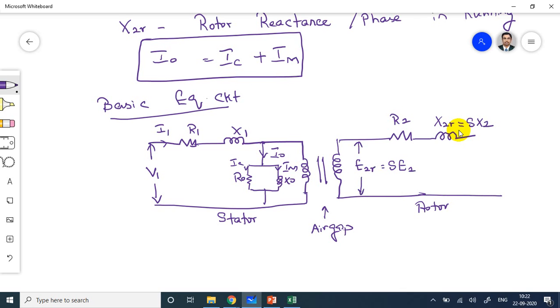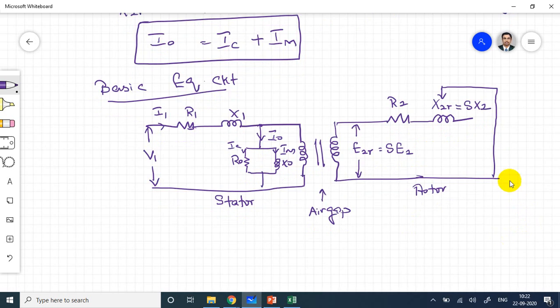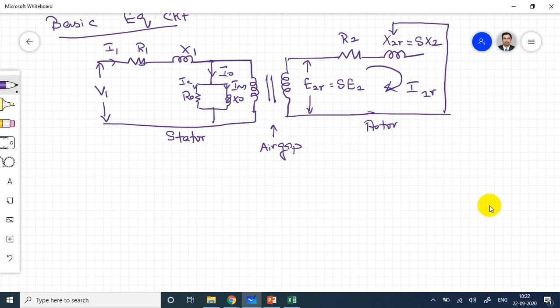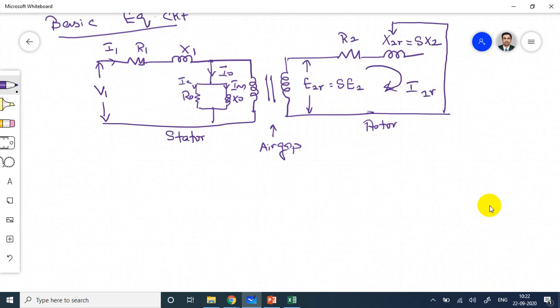This reactance will be the load. Understand or not? So the current flowing in this rotor will be I2R.